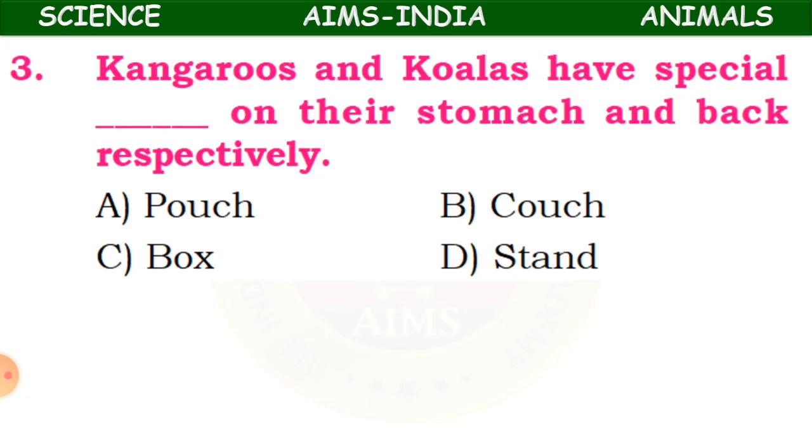Kangaroos and koalas have a specific dash on their stomach and back respectively. We have learnt about this. What do kangaroos and koalas have on their stomach and back? A option is pouch, B is couch, C is box, and D is stand.